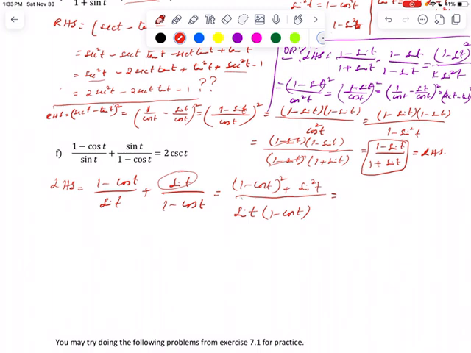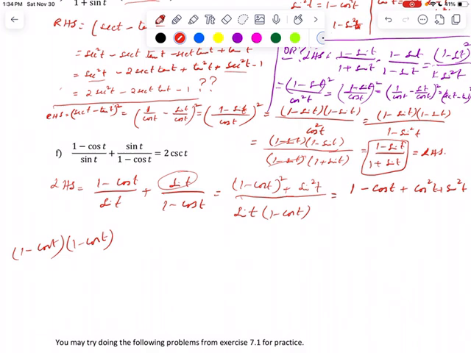So now I expand the first one. If you remember the formula, you can do it directly. Otherwise, you have to have 2 copies of 1 minus cosine t and multiply it out. You get 1 minus 2 cosine t plus cosine square t, and then plus sine square t.